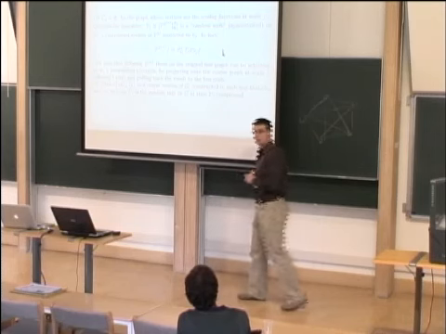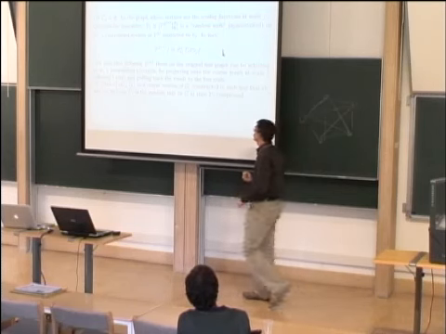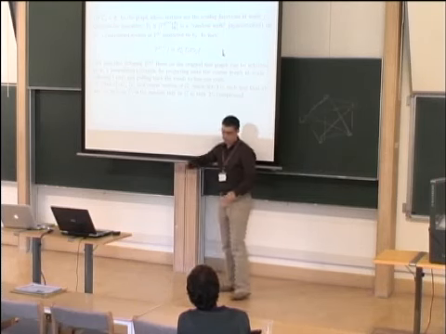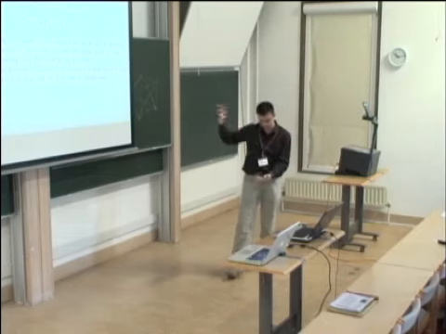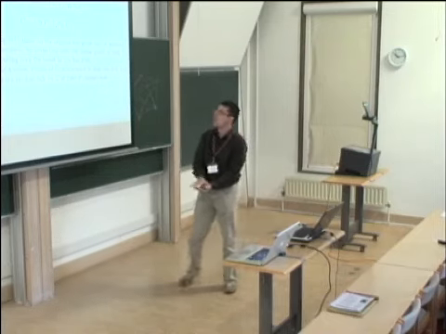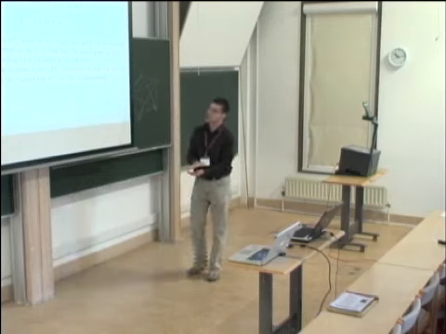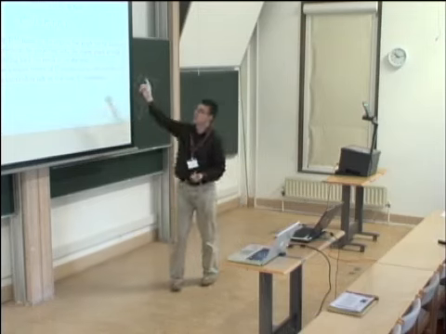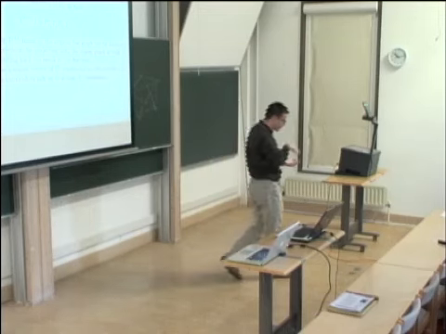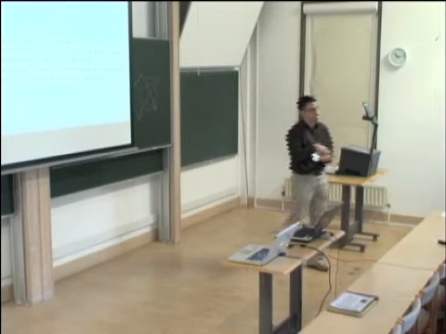There is another way of computing it by using the compressed representation. You can take your original function. You can project it down, with a projection that is an output of the algorithm, to the jth coarse scale. That's time scale 2 to the j. You can apply the compressed random walk, just one step of the random walk on the compressed graph.